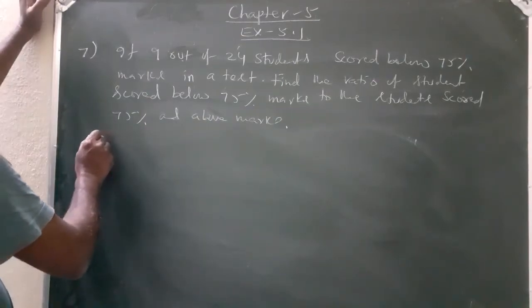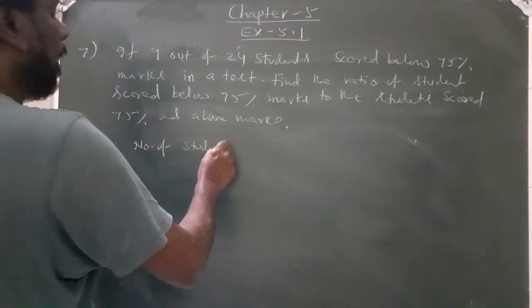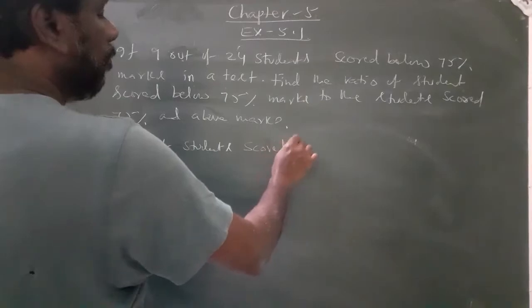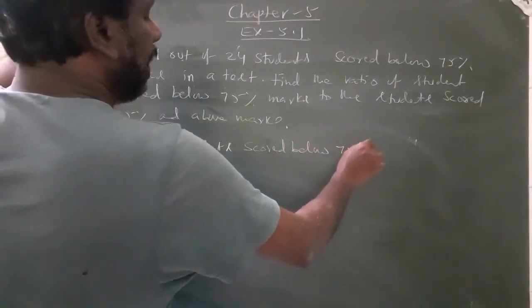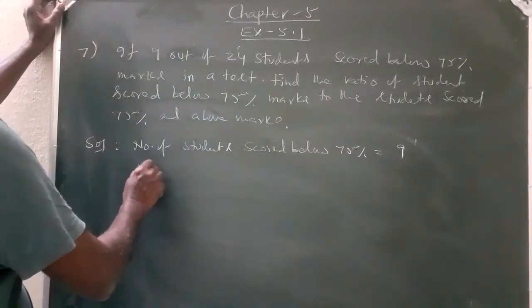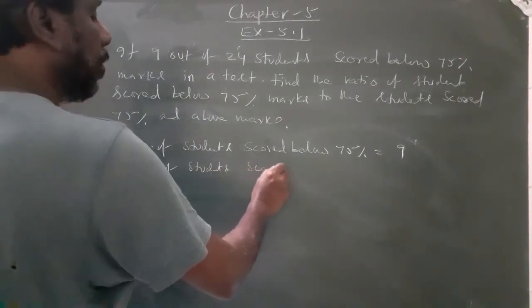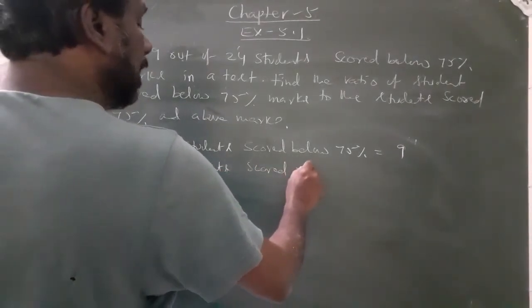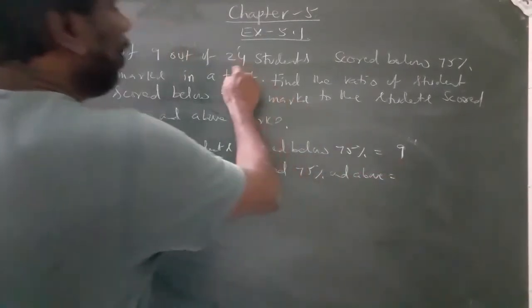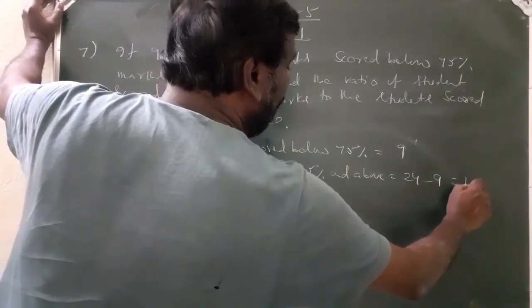So here, solution: number of students scored below 75% is equal to 9. Number of students scored 75% and above is total students 24 minus 9, subtract, what will you get? 15.